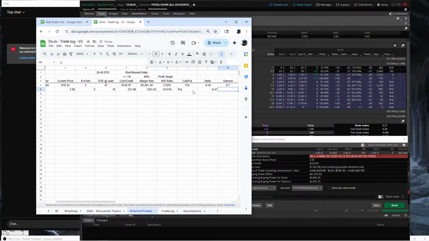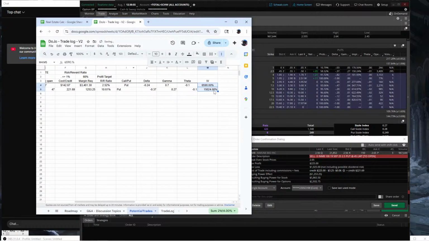Negative 7 delta. We're looking at 27 gamma, theta, and 150%. Let's make these percentages. 65.9.